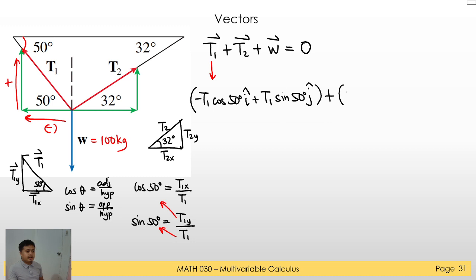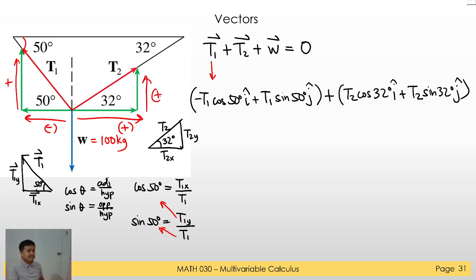We have T2 cosine 32 degrees i hat for the component in x, and T2 sine 32 degrees for the component in y. We have a positive in the x-axis since it is heading towards the right, and a positive in the y-axis since it is heading upwards.